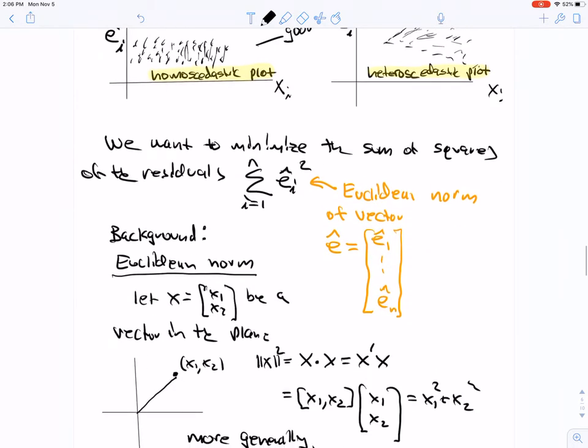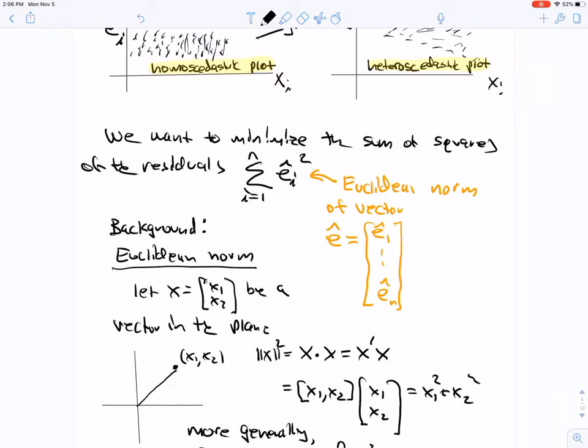Okay, so we want to minimize the sum of squares of the residual. The sum of squares of the residual is actually the Euclidean norm of the residuals.